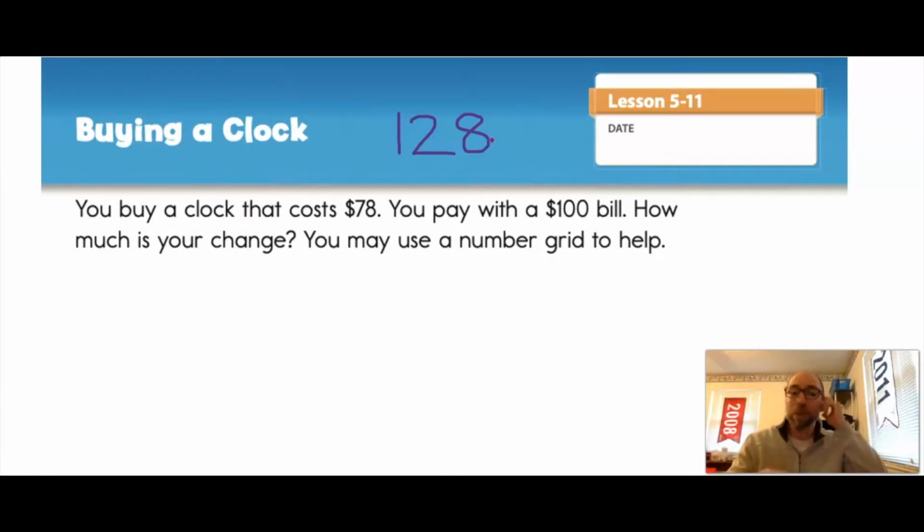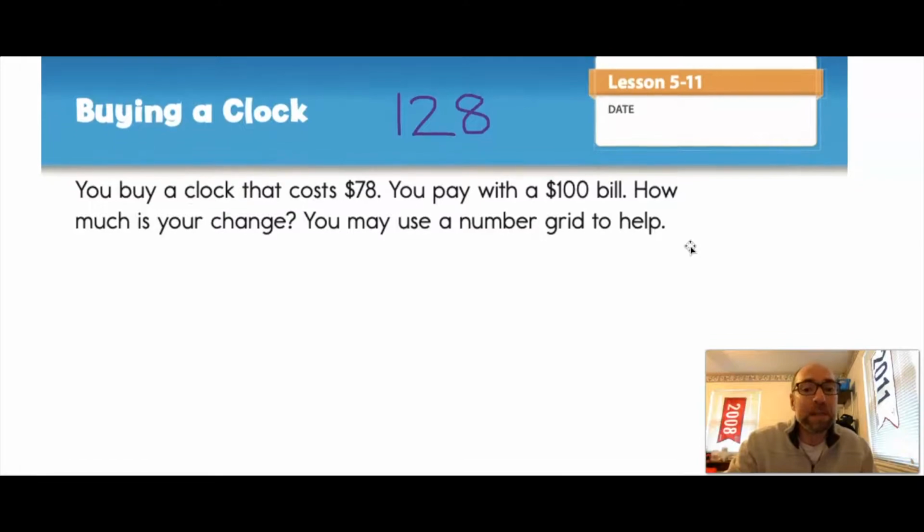Our question says, you buy a clock that costs $78. You pay with a $100 bill. How much is your change? Now remember, change means the money you get back.